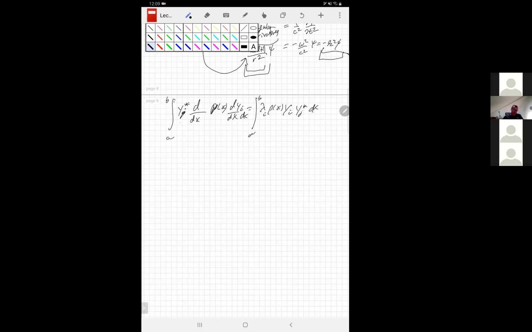And so I wind up getting yj star p of x dyi/dx evaluated at a and b, minus the integral from a to b of p of x dyj star/dx dyi/dx.